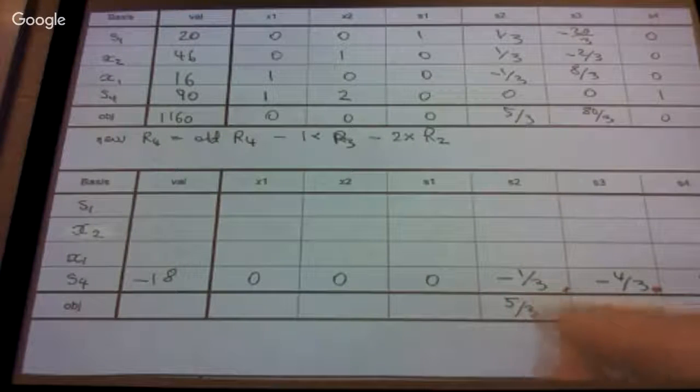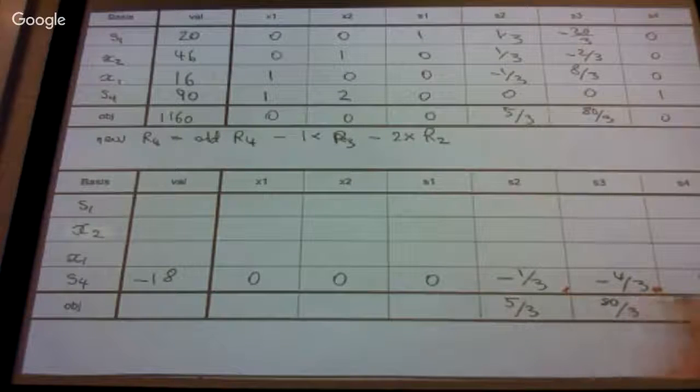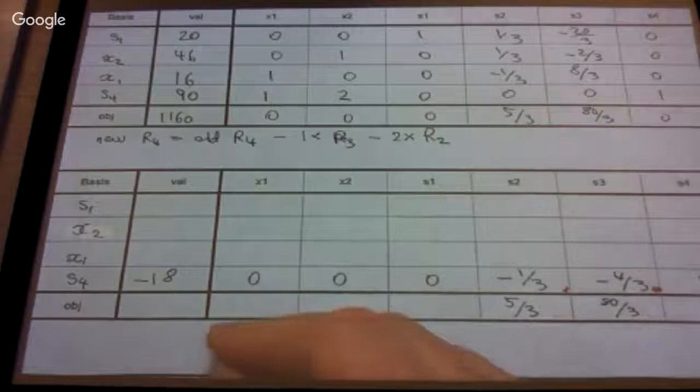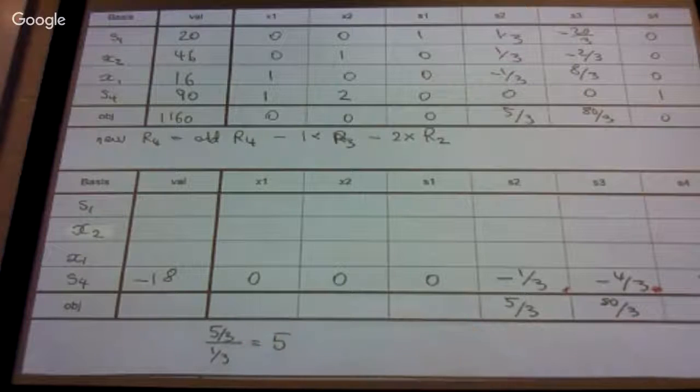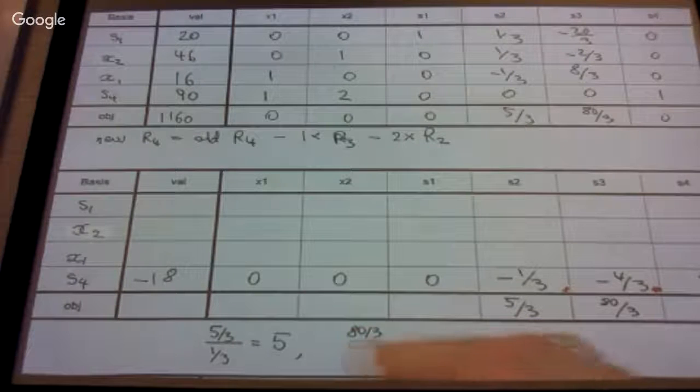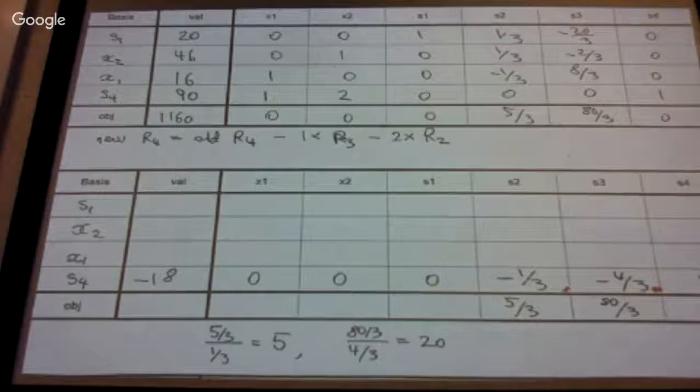So you look at 5/3, 80/3. You take the absolute values, so you have 5/3 divided by 1/3, which I believe is 5. And you have 80/3 divided by 4/3, which I believe is 20. And you go for the least ratio.